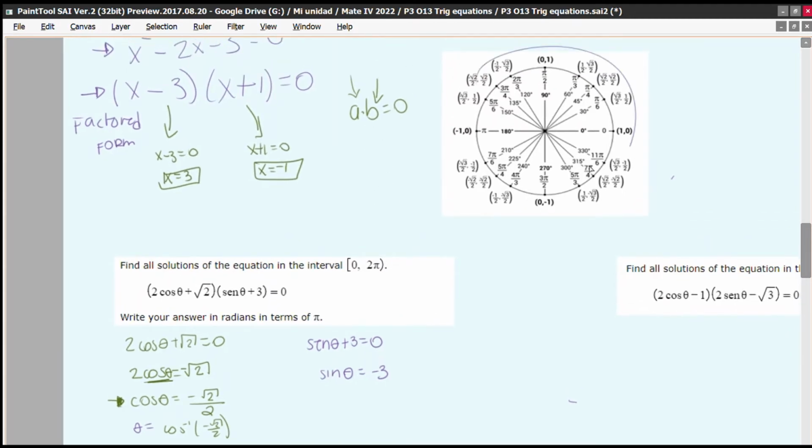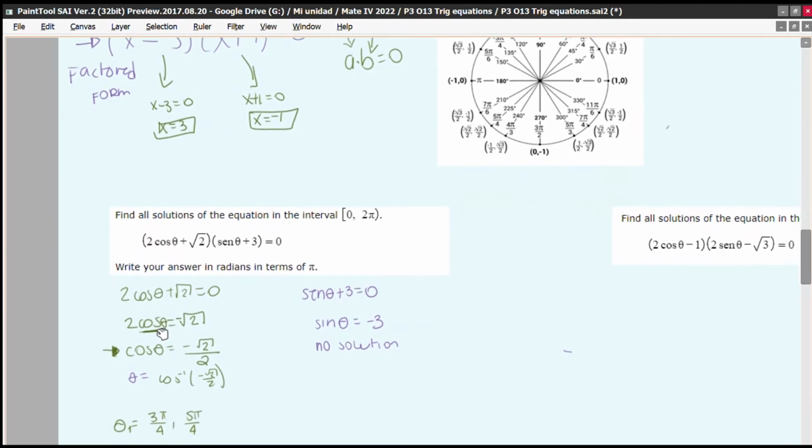Let's look at the unit circle. Is there an angle that, when I evaluate it in sine, gives me minus 3? No, exactly. The biggest value the sine has in the unit circle is 1, and the smallest is minus 1. So there's actually no solution for this factor, okay? So this factor can never be minus 3.